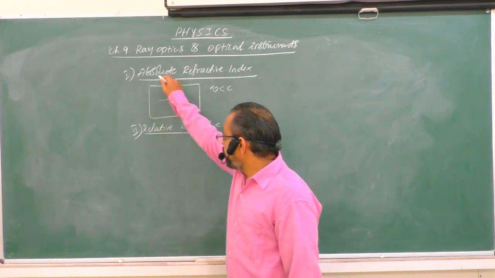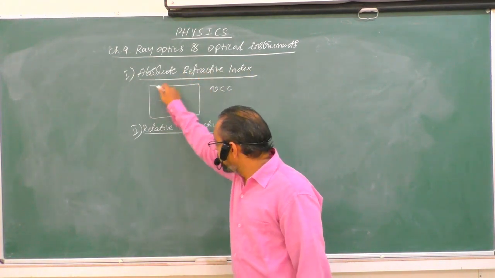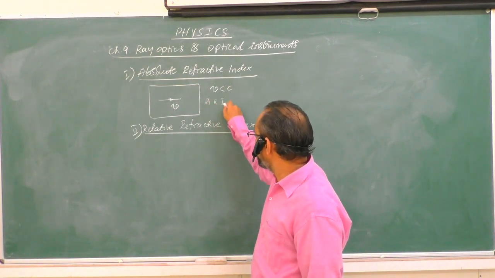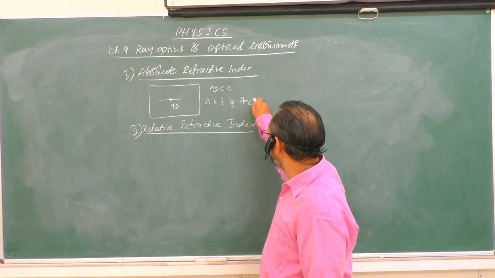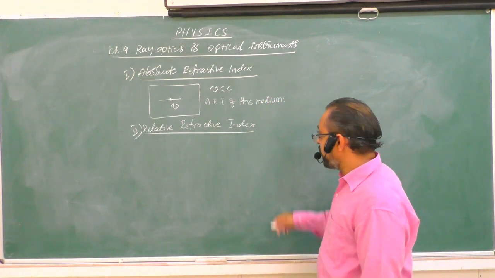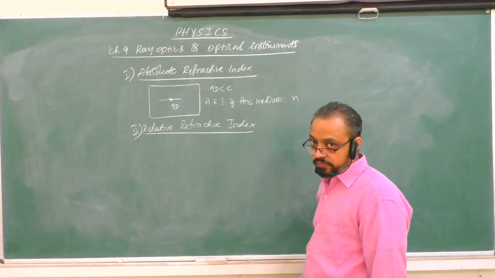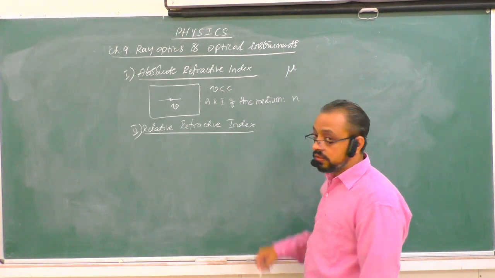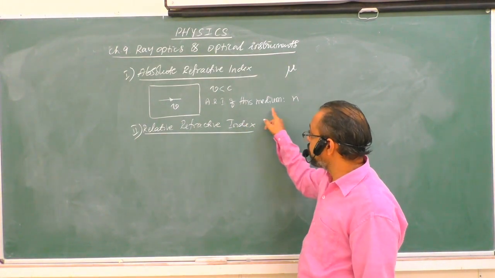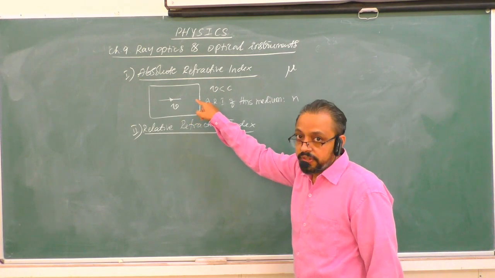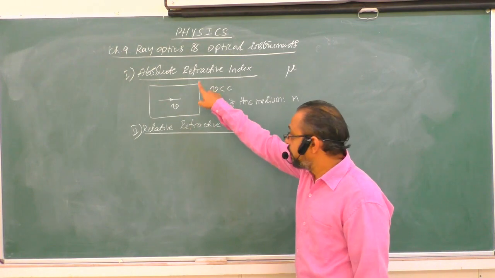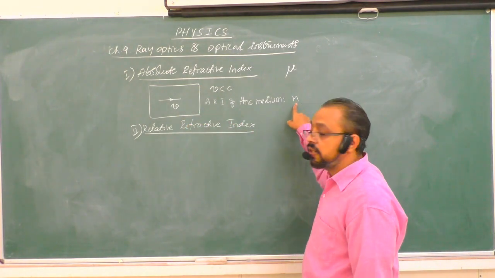So now we define absolute refractive index of this medium. Usually we denote it by the letter n, or somebody may write the symbol mu. So n, absolute refractive index of this medium. If it is glass, I have to say absolute refractive index of glass. If I am having water, so absolute refractive index of water.